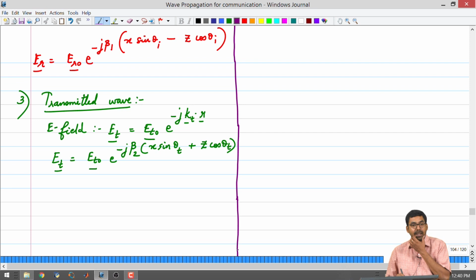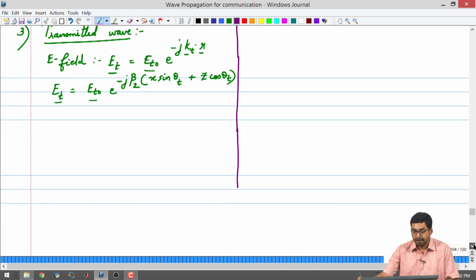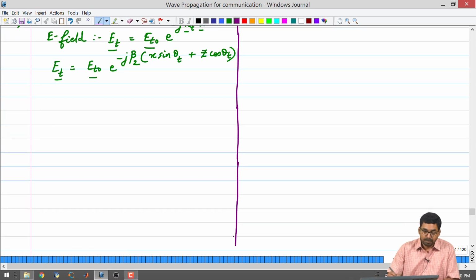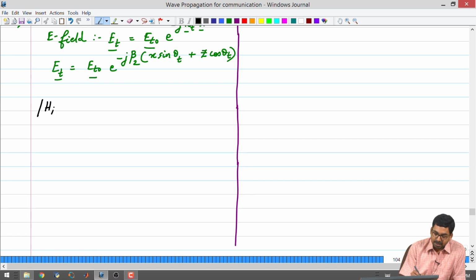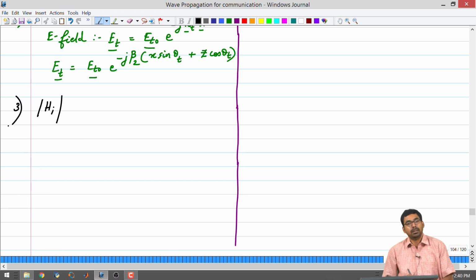Now that we have written the electric field expressions for the incident, reflected and the transmitted wave, all right, what we can do is we can make our life a little bit simpler by just saying that look, the incident magnetic field is going to follow Ohm's law.